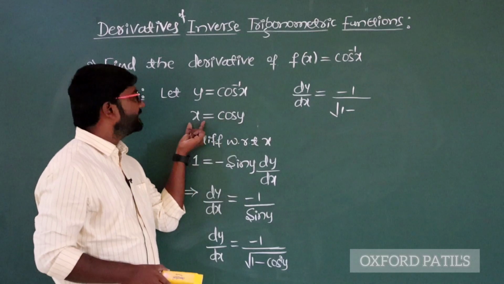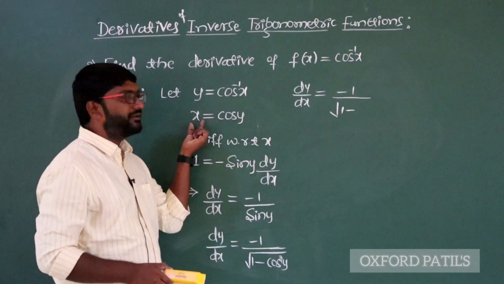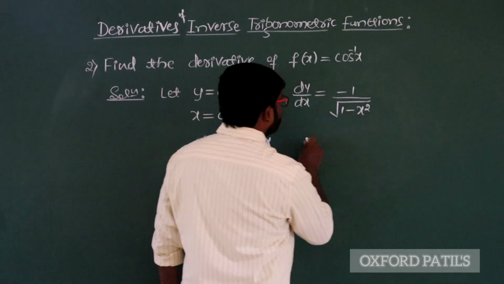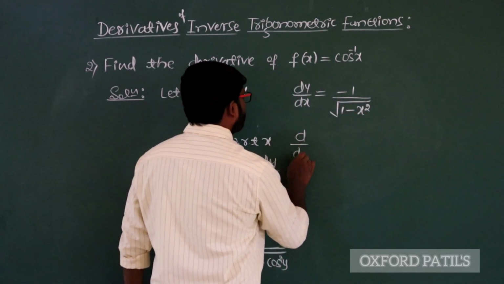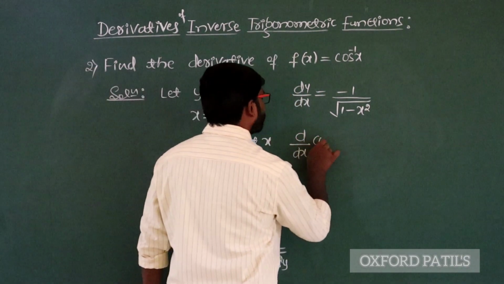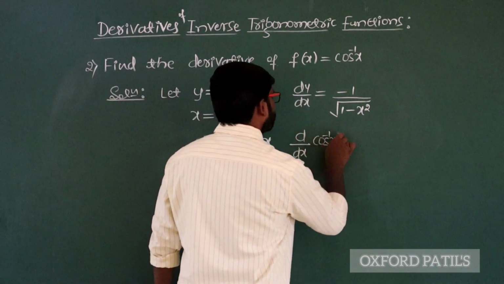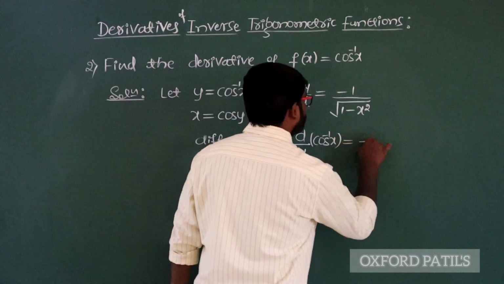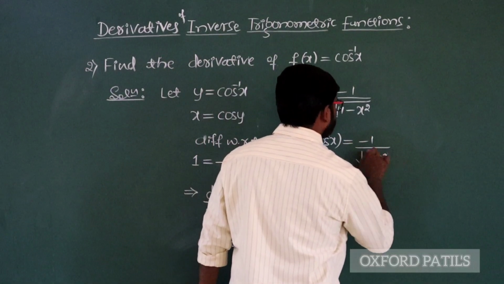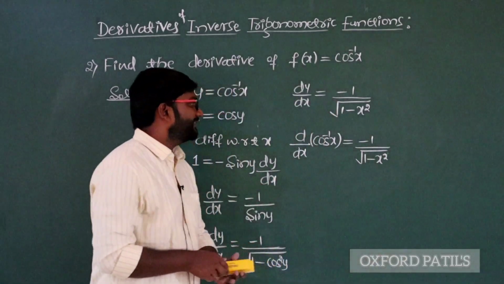Cos y is x, so cos square y will be x square. So it is 1 minus x square. So d by dx of y, what is y? It is cos inverse x. The derivative of cos inverse x will be minus 1 divided by square root of 1 minus x square. So this is the required answer for the second one.